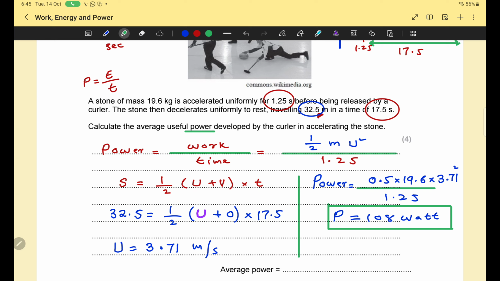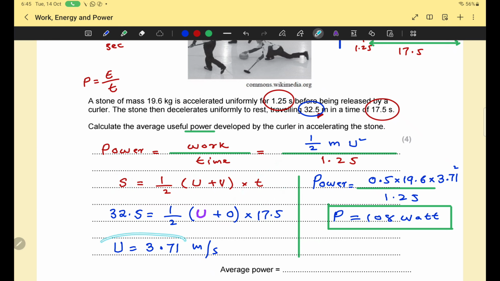But when he released the stone, it is segment number two, in which the stone has covered 32.5 meter distance. Its final velocity will be 0. The time for deceleration is 17.5. So when the curler released the stone, the velocity was 3.71, and this velocity is generated by the curler.